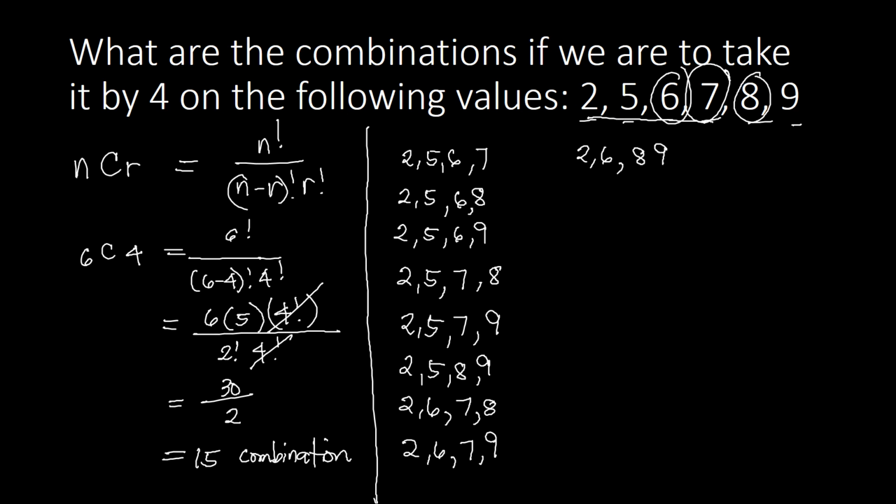So again, we have the 9. That means we're changing another number. We're done changing the third one, so we change the second number. From 6, we are now moving to the next number, which is 7. So we have 2, 7. The number after that is 8. And then we have 9.